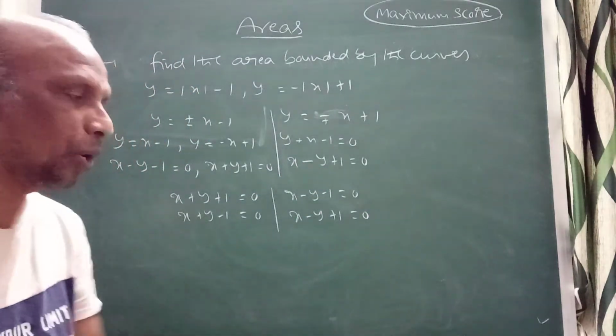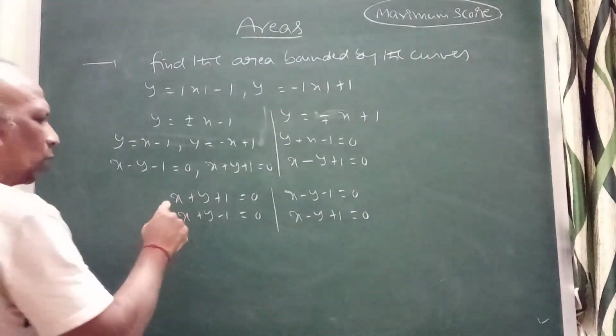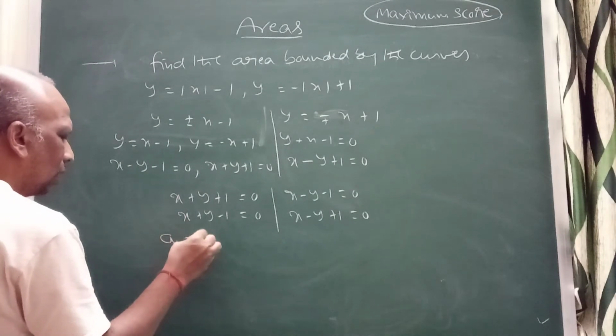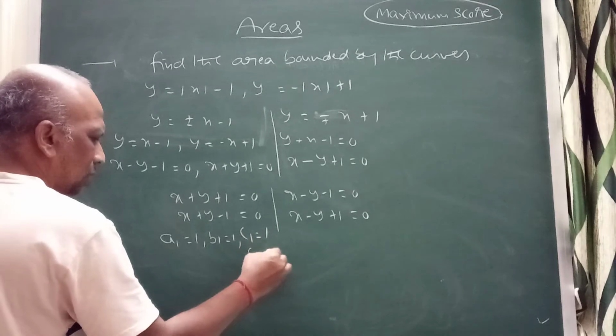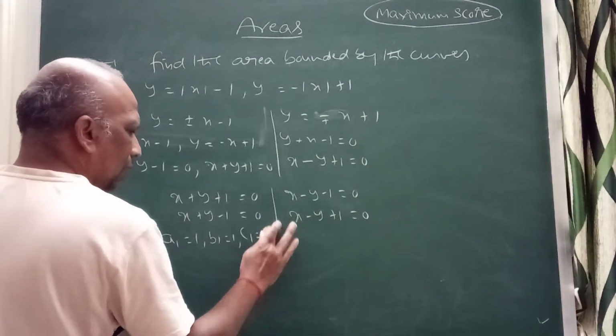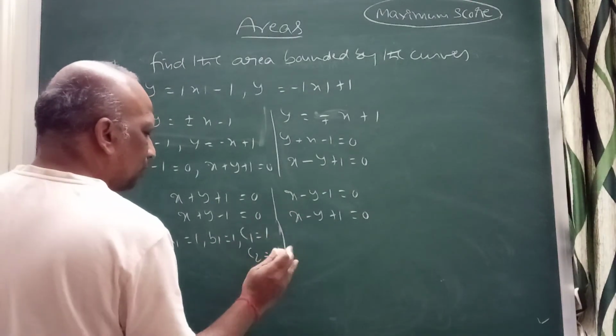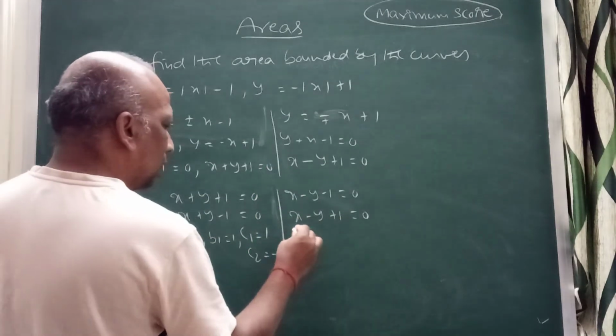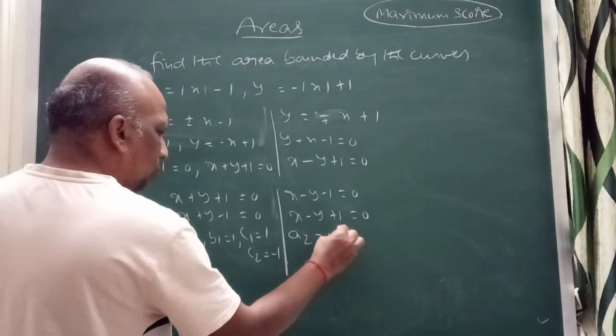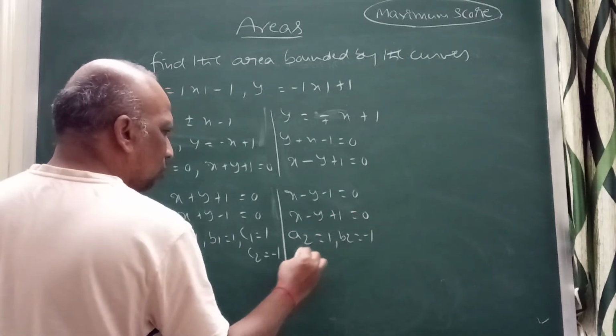Now area of the parallelogram. We can write here a1 is equal to 1, b1 is equal to 1, c1 is equal to 1, c2 is equal to minus 1. Then a2 is equal to 1, b2 is equal to minus 1.